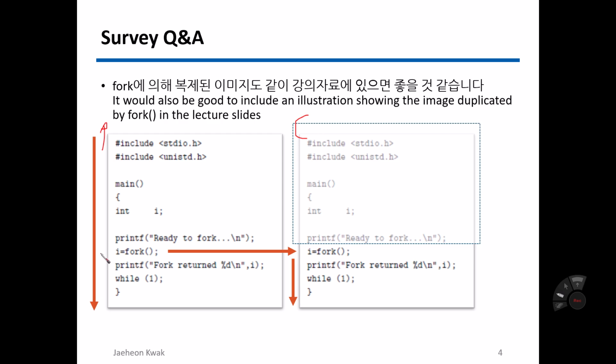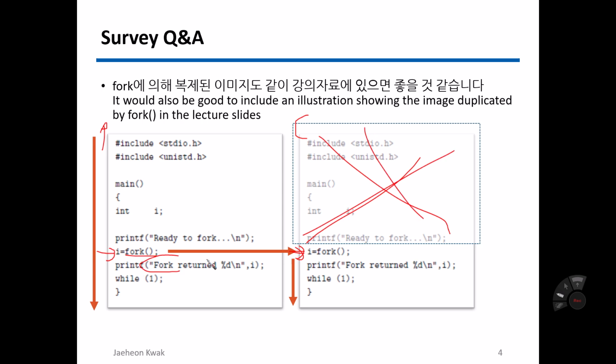When we use the fork function, a child process is generated. However, the generated child process will start from this line. So even if we have the exact same code section, this code will not be executed.